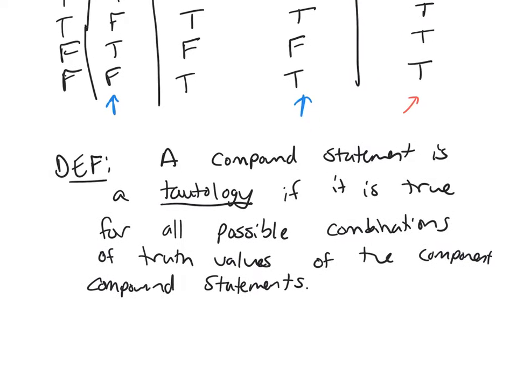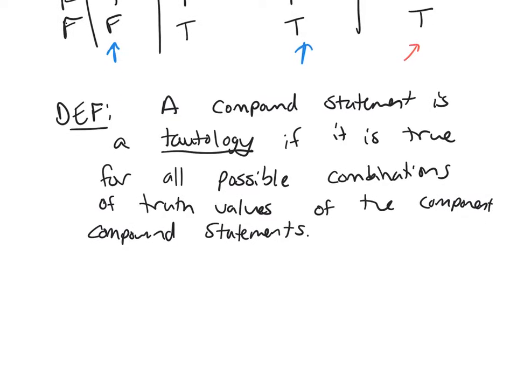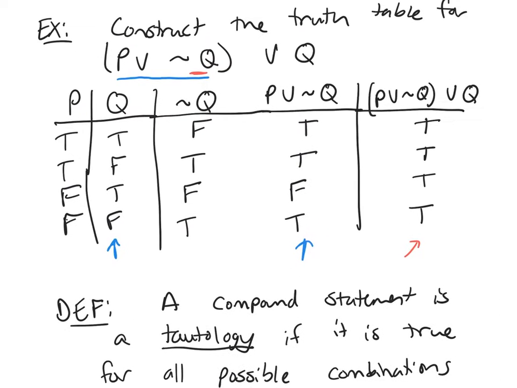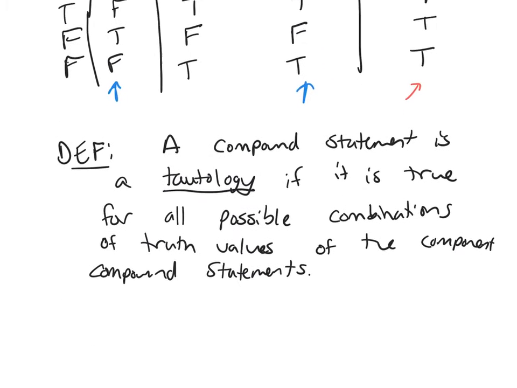So basically, if my truth table contains all true outcomes, the only possibility is that the statement is true. Our last problem was an example of a tautology.